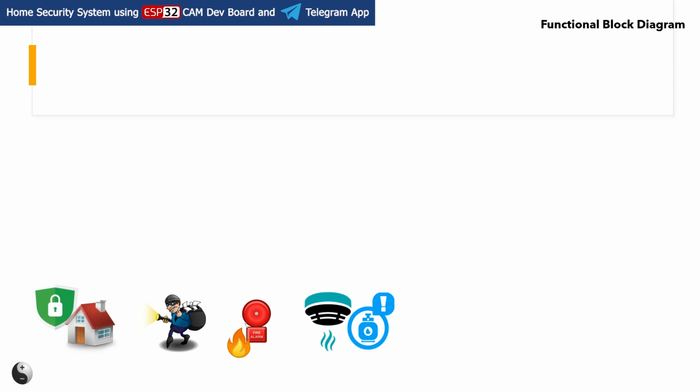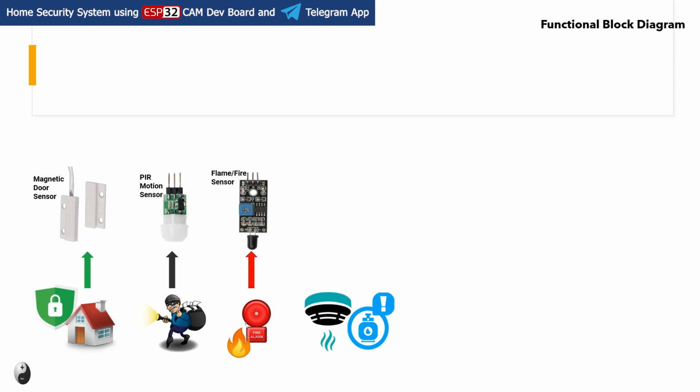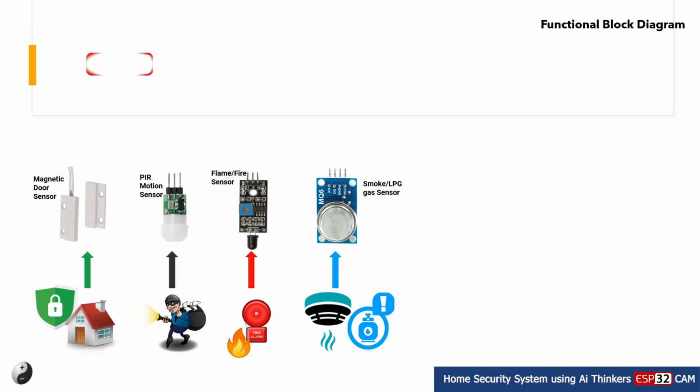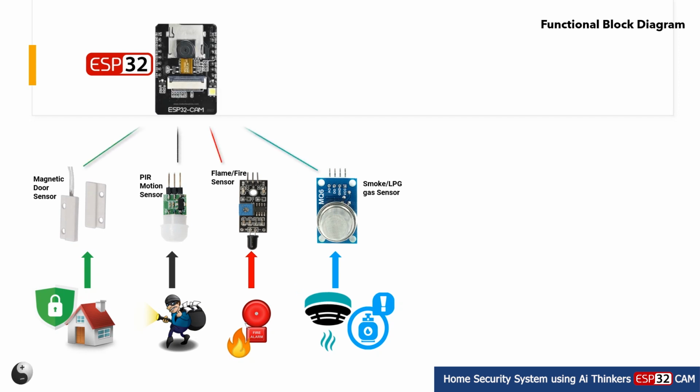For this, we are going to use different sensors such as magnetic reed switch door sensors for monitoring doors, also a PIR motion sensor for intruder motion sensing, then a flame or fire sensor to detect fire in the house, and an MQ6 smoke and LPG gas leak sensor. To fetch all the sensor readings and process them, we are using AI Thinker's ESP32 CAM development board.